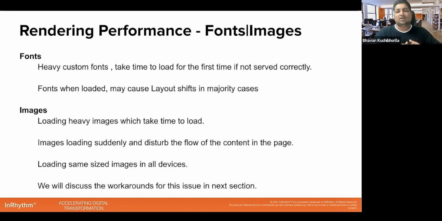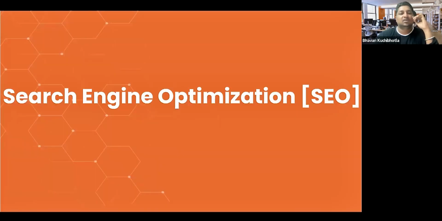High resolution images are definitely needed for retina displays, but regular laptops may not need that. So that is again a concern. You may not serve that kind of high resolution to a normal laptop. That is a common performance mistake we make. And we will discuss the common workarounds for this in the next section. After search engine optimization, we'll go to the workarounds, how we can solve these problems generically.